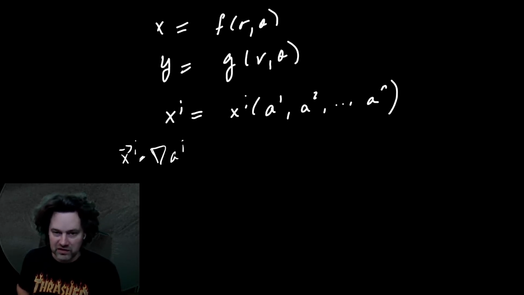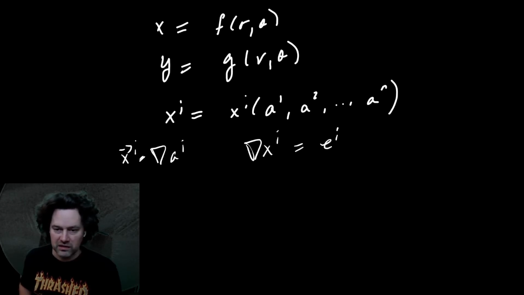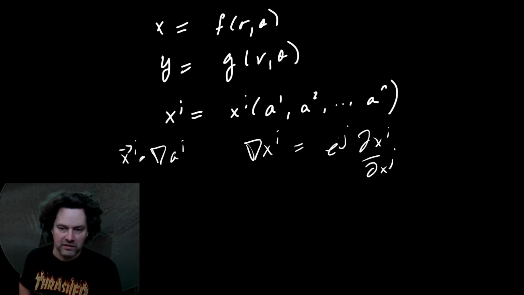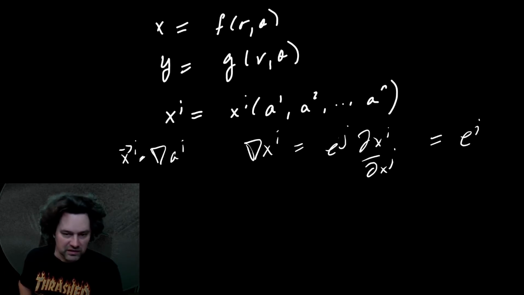We can compute the gradient of this side of the equation pretty easily. So we say grad of x^i, which is just e_j ∂x^i/∂x^j, which is just e_i. So there's the gradients of our coordinates. And now we want to use chain rule to evaluate the other side.